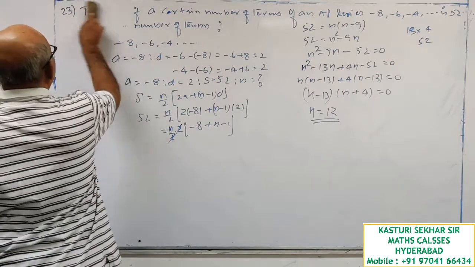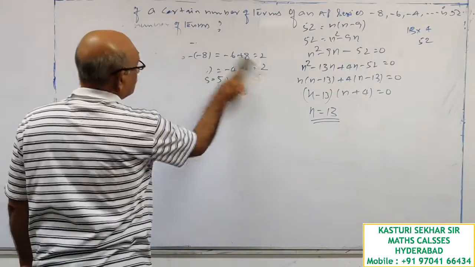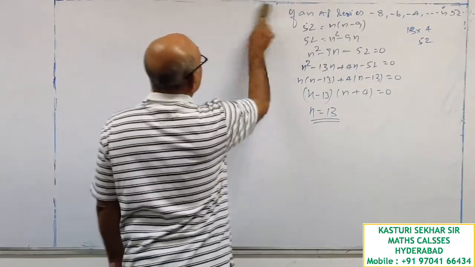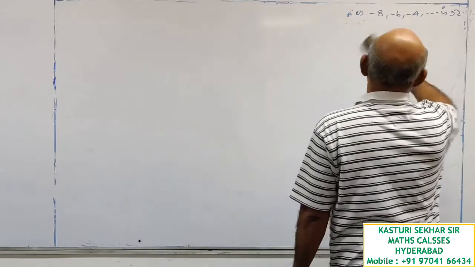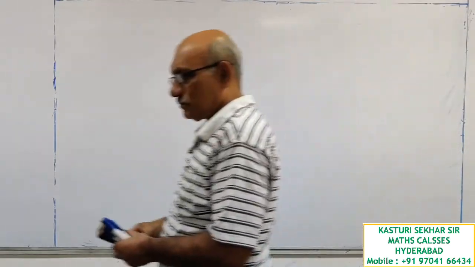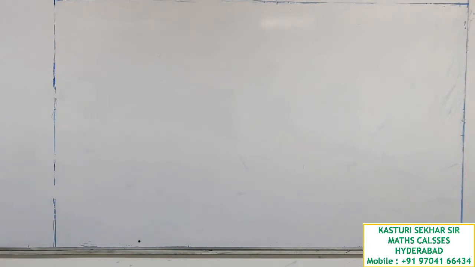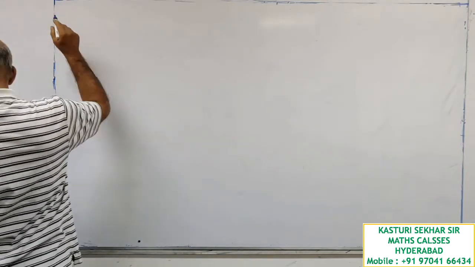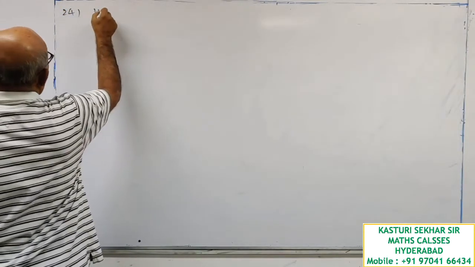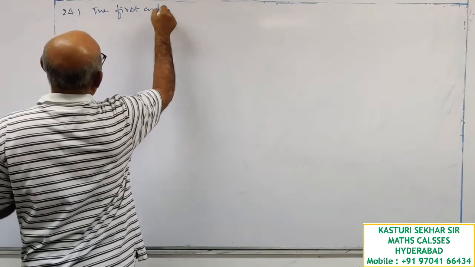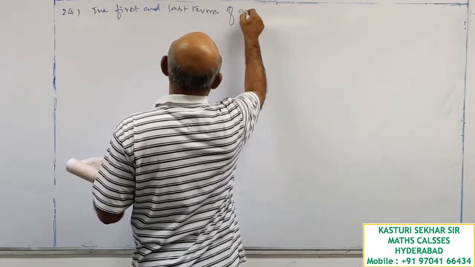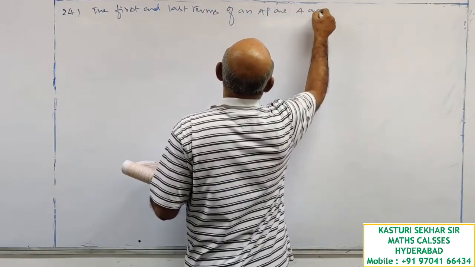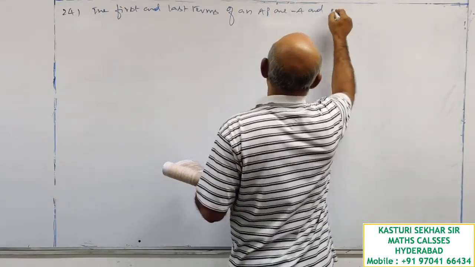Next. Next question number 24. The first and the last terms of an AP are -4 and 146.